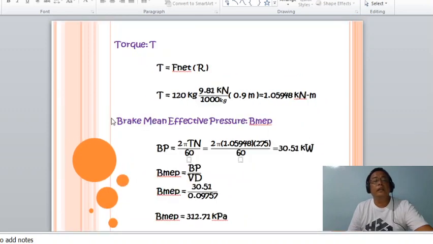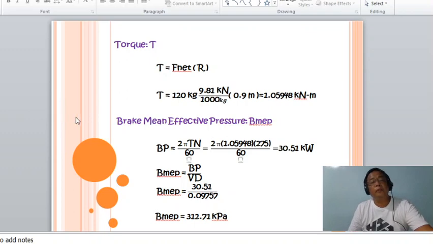So the torque now equals F net multiplied by R, where F net is 120 kilograms. So changing this 120 kilograms to kilonewton, multiplying it by 9.81 divided by 1000 times 0.9 is equal to 1.05948 kilonewton meter.